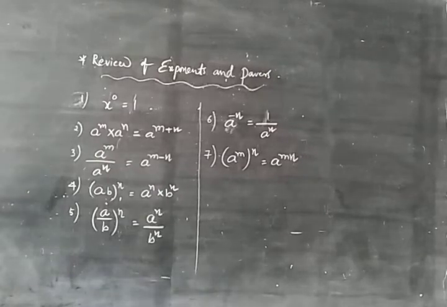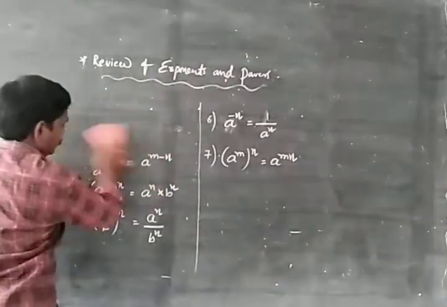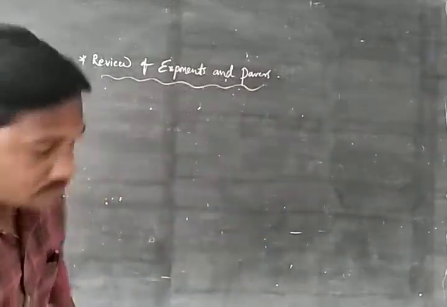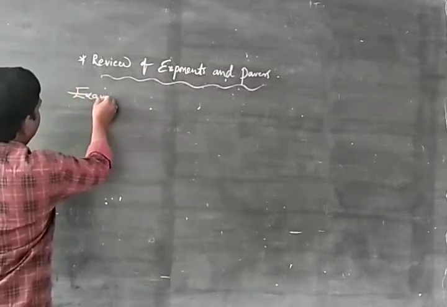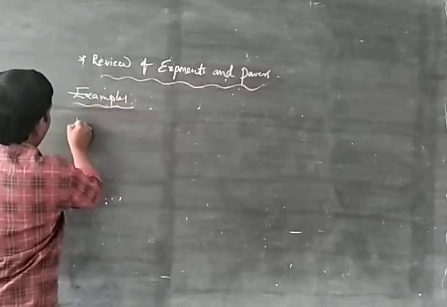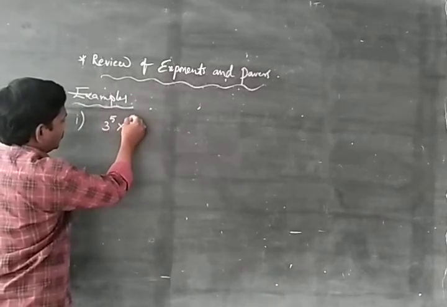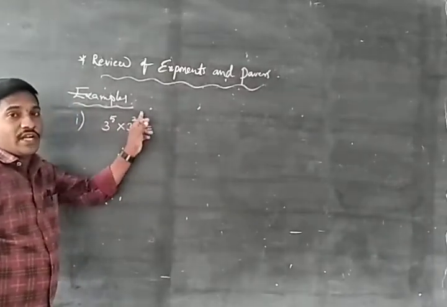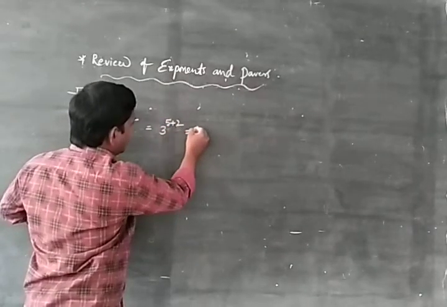Okay, some examples on these formulas. First example: 3 power 5 into 3 power 2 equal to, what is the formula? a power m into a power n, a power m plus n. 3 power 5 plus 2 equal to 3 power 7.